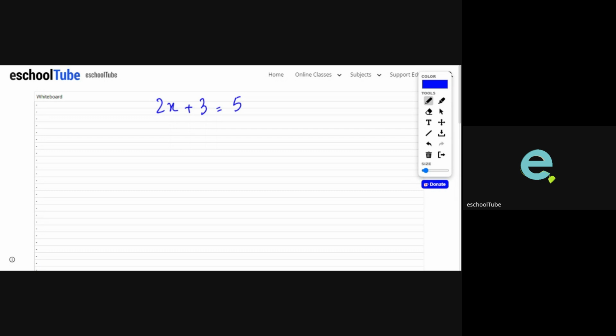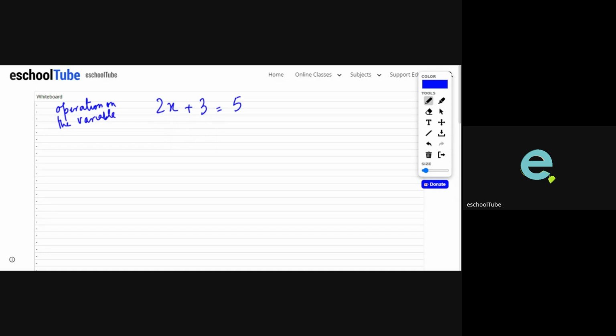How do you solve an equation? Do you remember? You have to see operations being done on the variable. So what all operations are being done on the variable x?